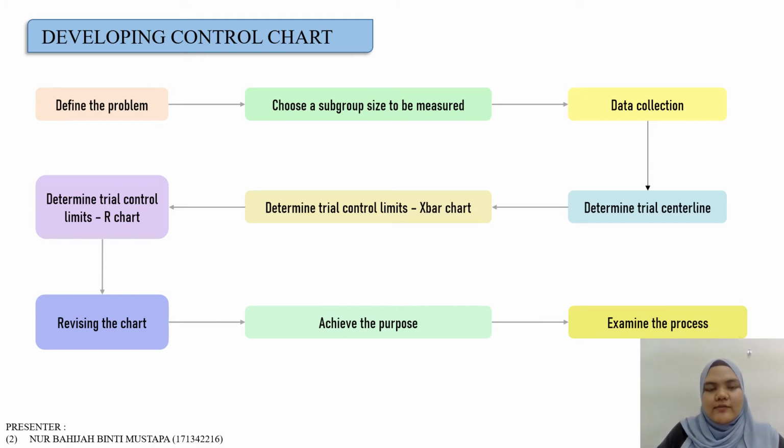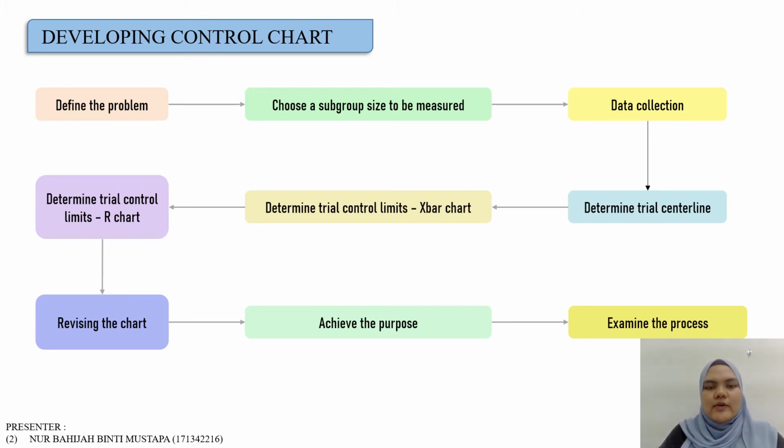The normal curve displays the distribution of the sample average. The process is considered under control if 99.73% of the sample averages fall within the limits. Next, the trial control limit for the R chart is determined. The spread of the individual samples within the subgroup is shown by the range chart.